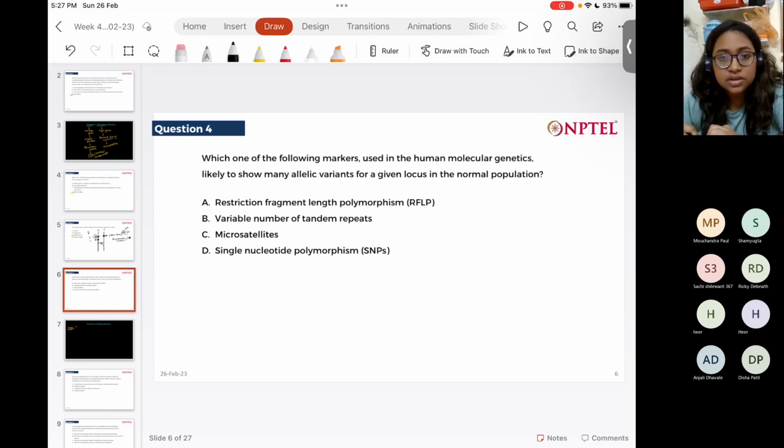Each of these is a particular kind of marker for identifying a particular type of genetic condition, for characterizing genetic variation. Like RFLP is used to identify where a single point mutation has happened. Now, which of these markers will have a large number of variants, located at the same position within the chromosome when studied in a large population of normal people?